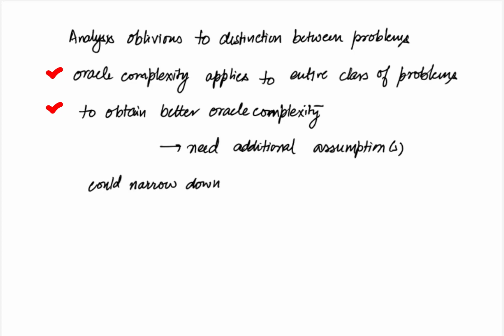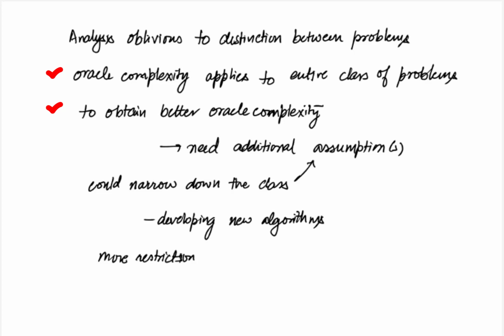Further, you could narrow down the class by making additional assumptions and then developing new algorithms for those assumptions. That is, if you put more restrictions, then the more specialized the algorithm will be and the more you can improve it. This is in fact commonly done for many algorithms. So in summary, there is a fine balance between how many assumptions you want to make and how generally you want the algorithm analysis to be applicable.